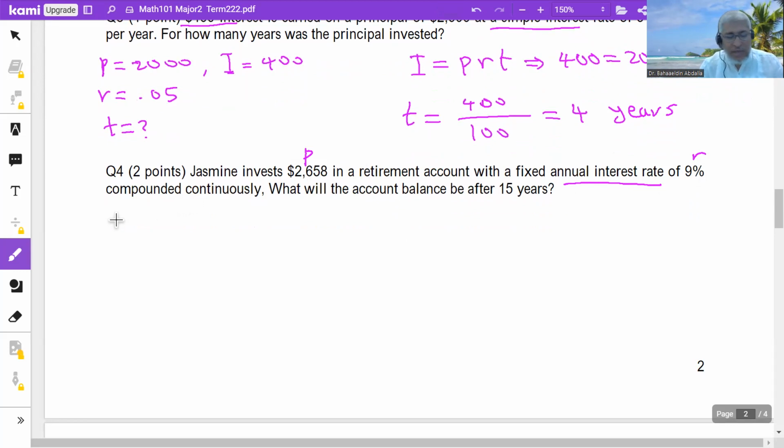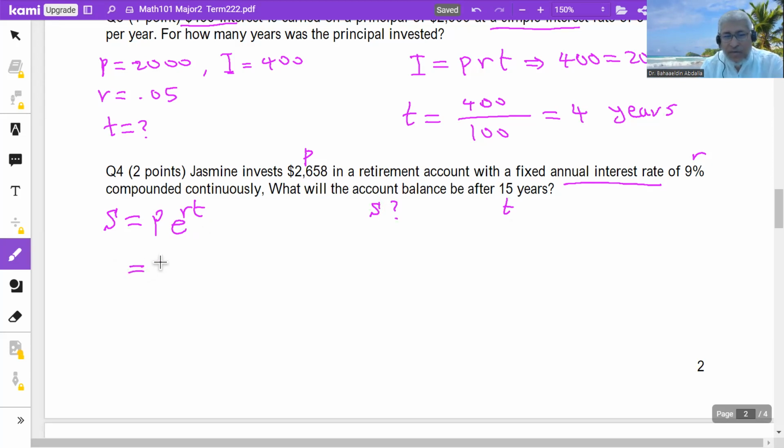The formula says that S equals P times e to the power RT, where S is the future value, P is the principal, R is the annual interest rate, and T is time in years. So here P is given, R is given. What will the account balance be? So he is asking for S. After 15 years, that's time in years, that's T.